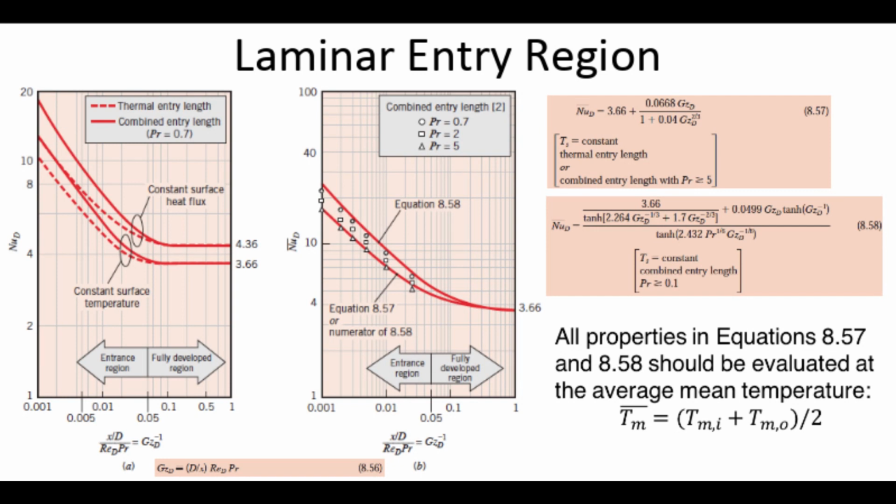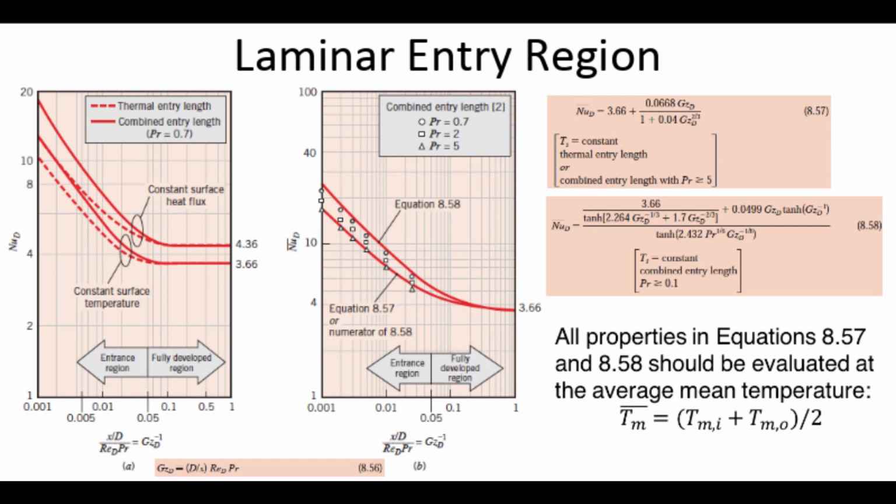That's super complex. But these two solutions are accurate to each other within 3% when the Prandtl number is larger than 5. So for water, for example, the Prandtl number is 7.56. We can just use the thermal entry region solution directly.